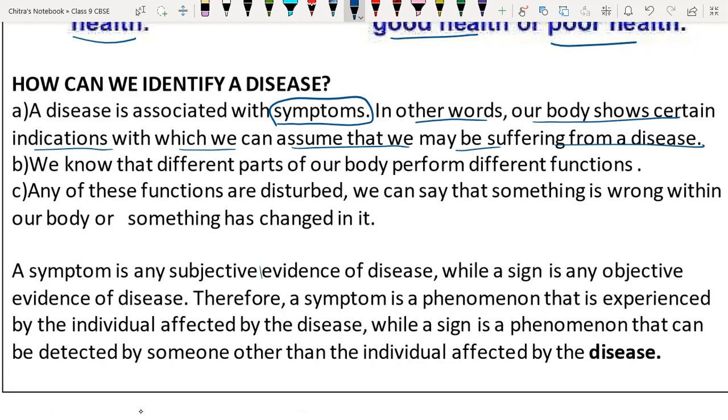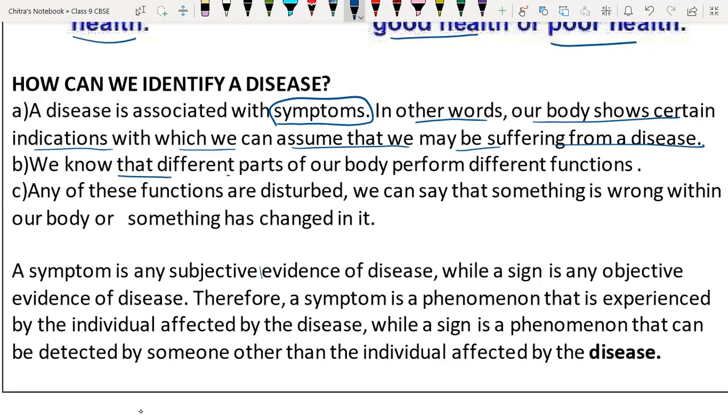The taste of the mouth changes sometimes. Body temperature rises, we feel cold, and body temperature increases more than 37 degrees Celsius, above the normal temperature. All these symptoms and signs help identify diseases.